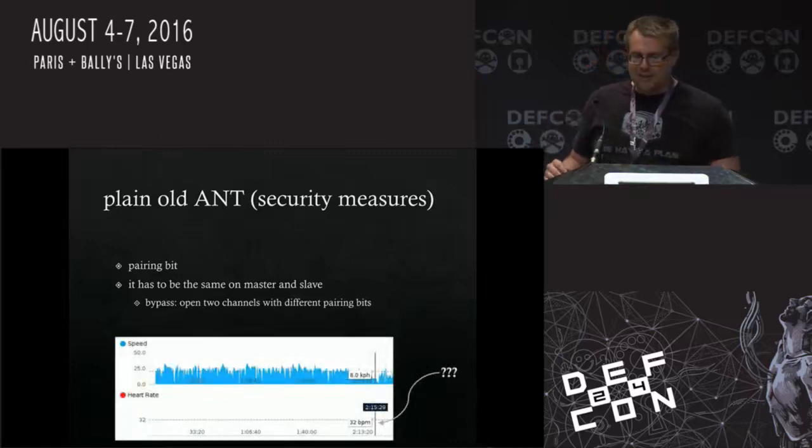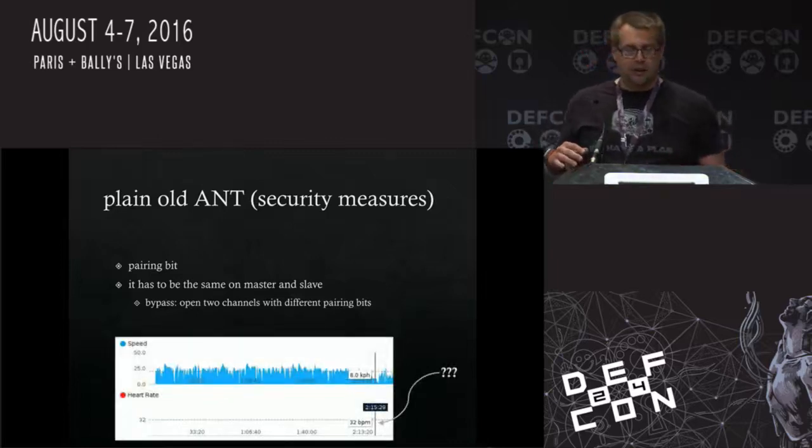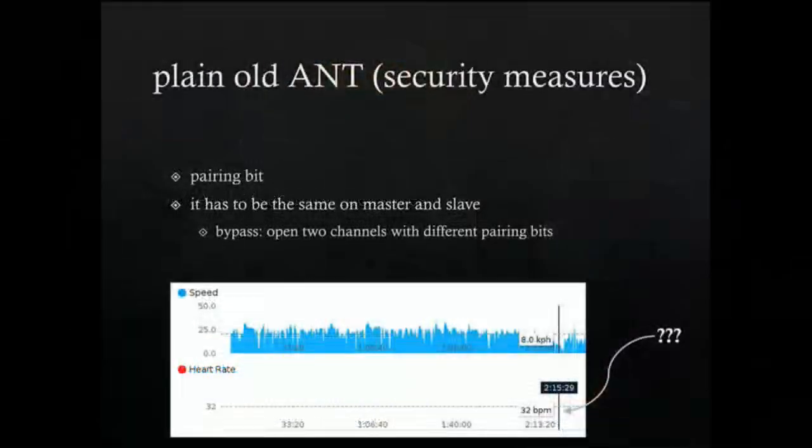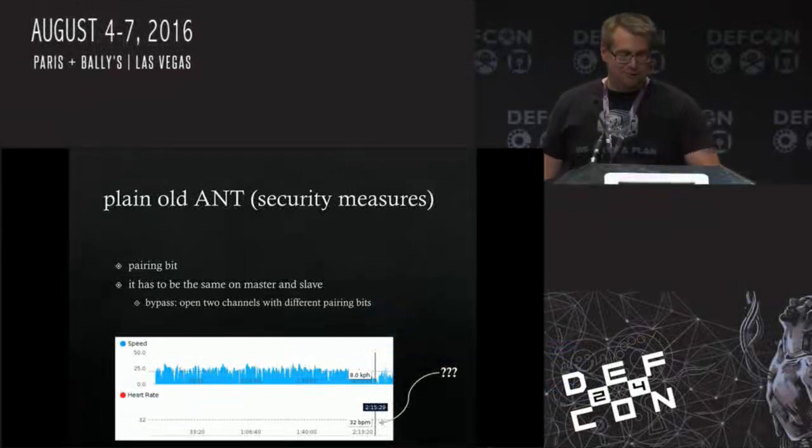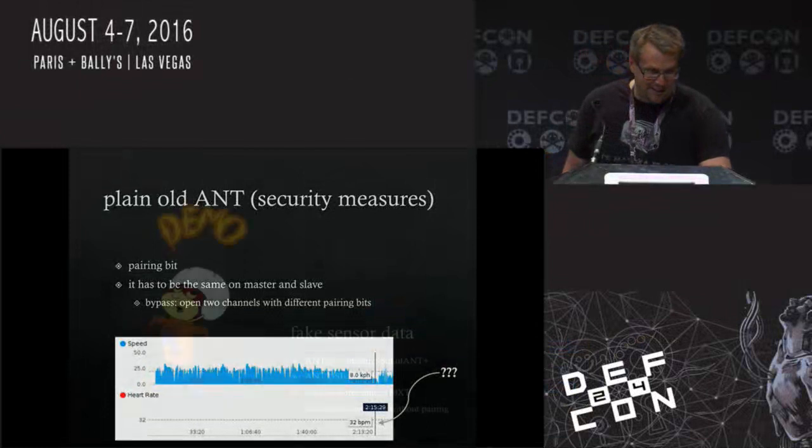I first noticed that there's something fishy with this pairing bit when I came home from a mountain bike trip and realized that there is some heart rate data on my charts, despite I don't have a heart rate monitor. So it must have picked it up from another cyclist or something like that.